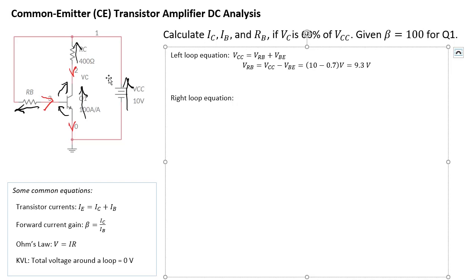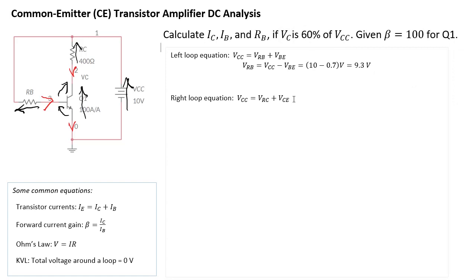So we have VCC, we have VRC, and we have VCE. So VCC is equal to VRC plus VCE. Now we saw earlier in the question that it says to assume that VC is at 60% of VCC.